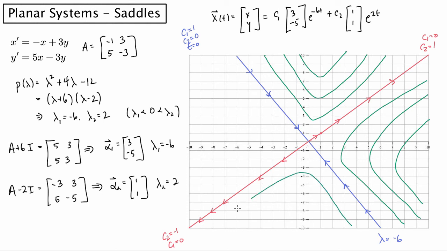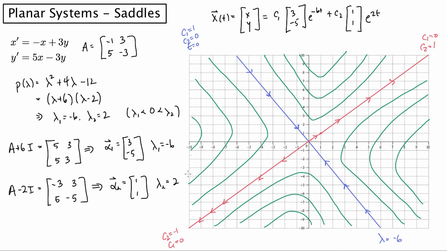Same thing here, coming in from blue, leaving toward red. And so you can draw the arrows along your trajectories to match what they are for the eigenvectors themselves.